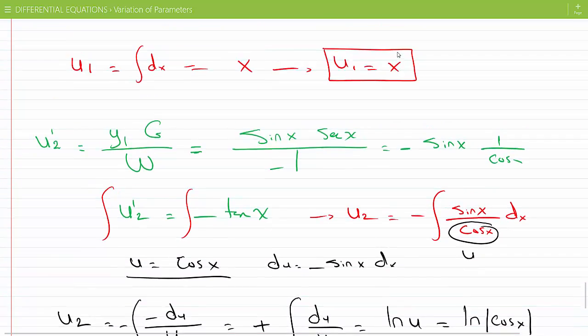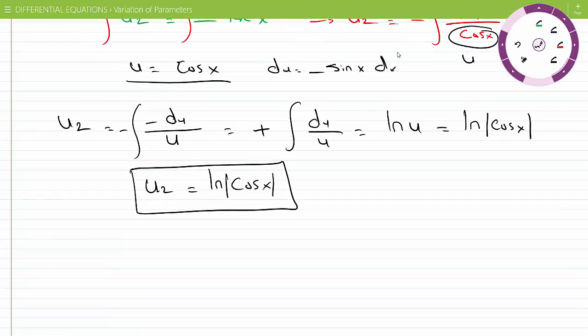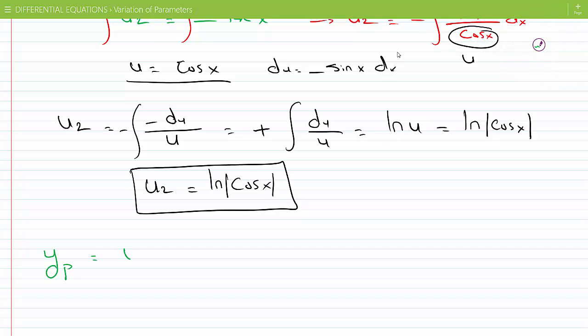So now that we found u1 and u2, our y particular is nothing but u1 y1 plus u2 y2.